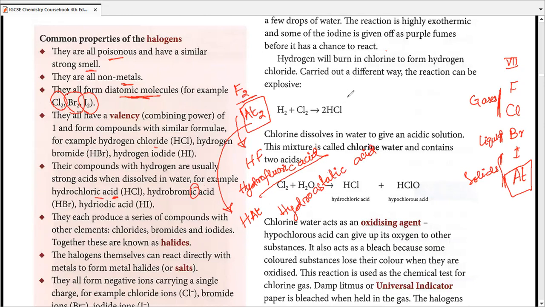They produce a series of compounds with other elements. All compounds with chlorine are known as chlorides, with bromine as bromides, with iodine as iodides. So what would the compound with fluorine be known as? Fluoride. And what would the compound of astatine be known as?